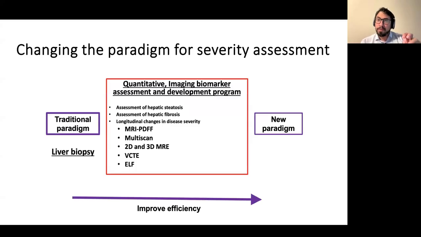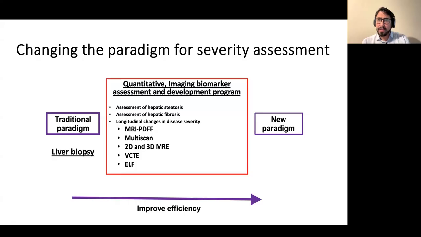So we probably need to change the paradigm of how we define and identify the liver injury in steatotic liver disease, including drug-induced liver injury. We're all crystal clear that we have to do a liver biopsy, but in the middle, we can identify several techniques like MRI-PDFF, but other techniques like VCTE or ELF that are more available in Europe.